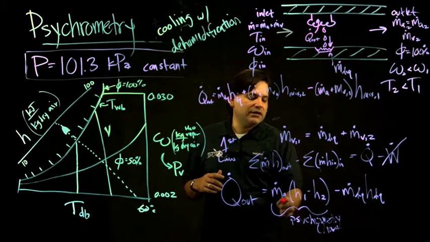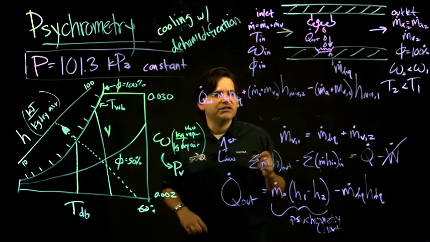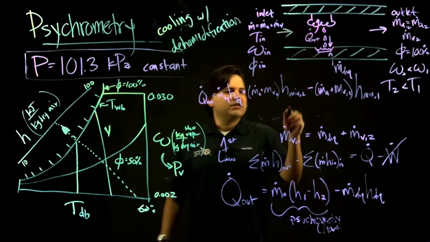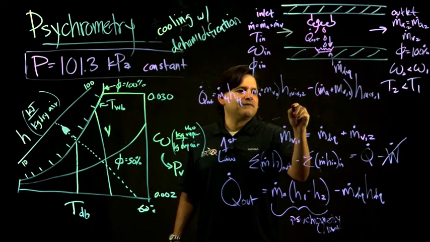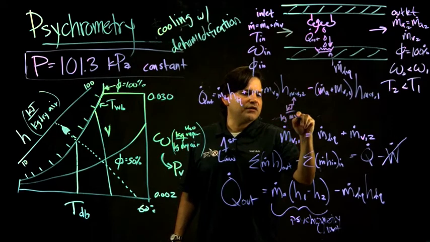The only reason why I did it differently here is because we have the psychrometric chart. And that's easier because this enthalpy of the mixture is kilojoules per kg mixture.